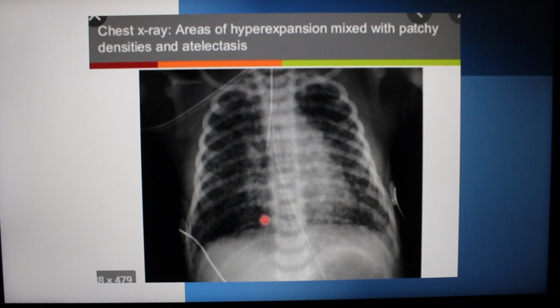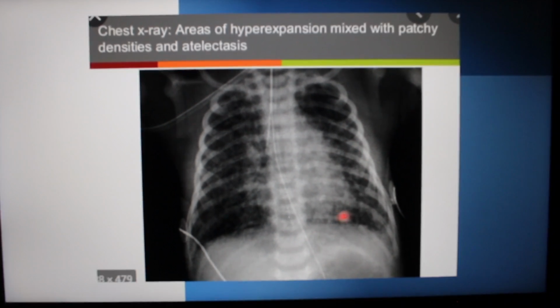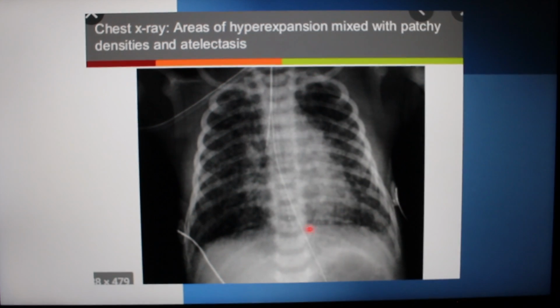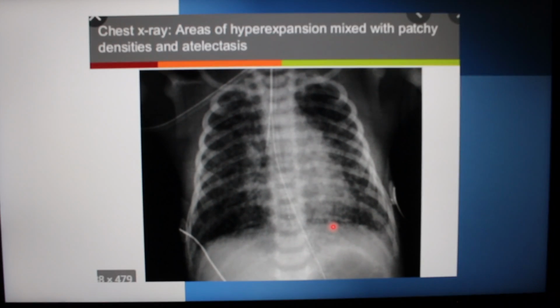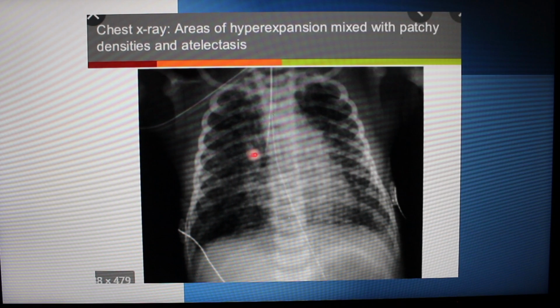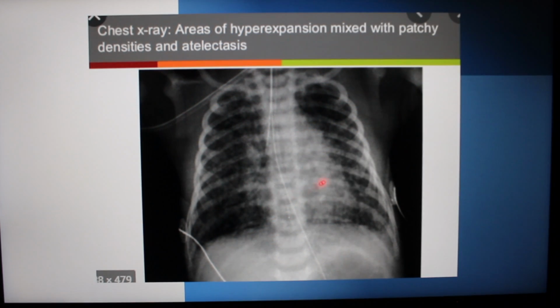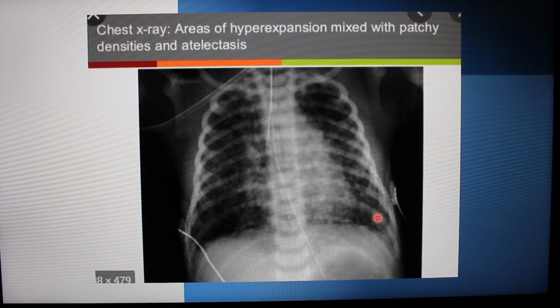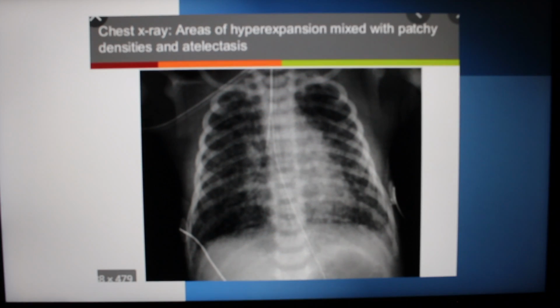They're not those nice bell curves we're used to looking at. We can see that there's lung tissue seen around the heart. And you can see that there are these patches of white area. Some of them even overlie the heart. So this baby has overinflation with these patchy areas of atelectasis.